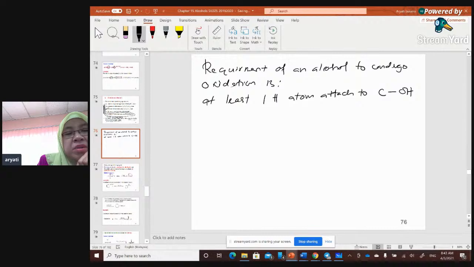Okay, so kalau primary alcohol, carbon bonded to OH, bonded to one neighboring carbon. So this is H, H. So ini ialah primary carbon. So ini ialah primary alcohol.